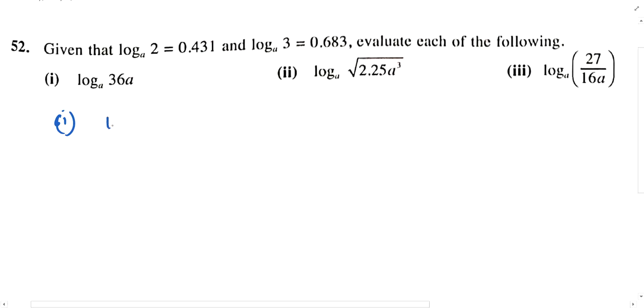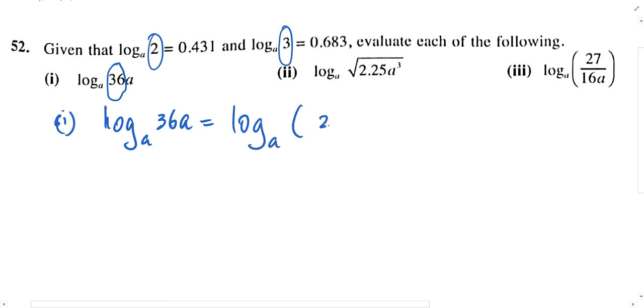Okay, let me help you. Log base a of 36a equals to... Oh wait, what can I do? It's getting somewhere already. Log base a of 2 times 3 times 2 times 3, then multiply by a, right? Are they the same? Yes, okay.